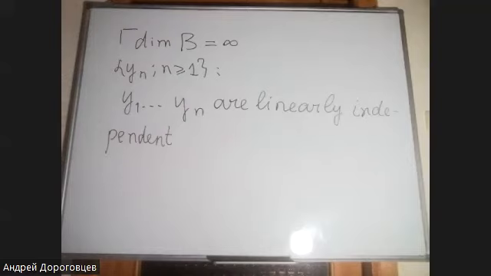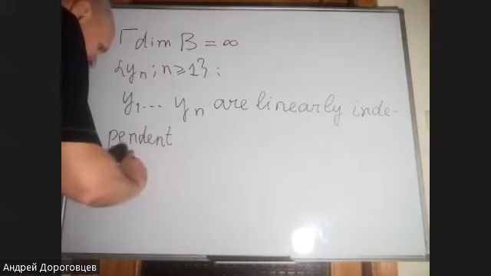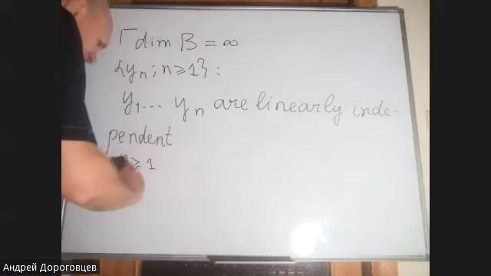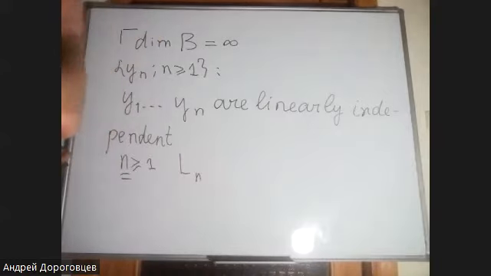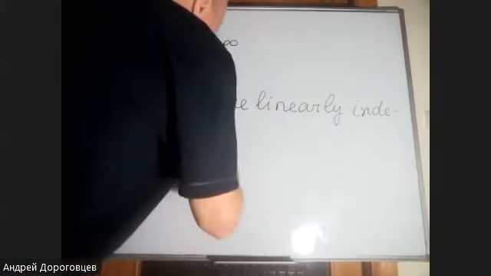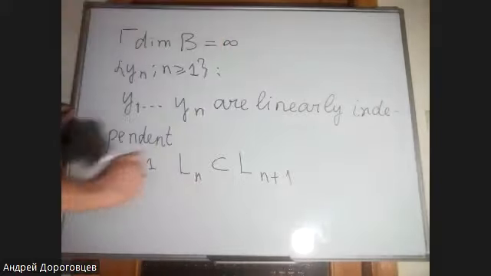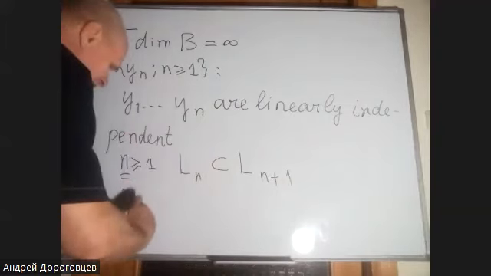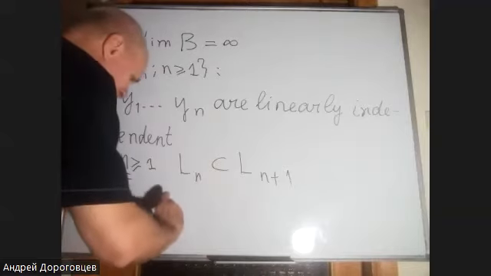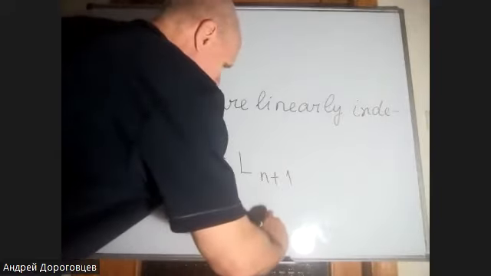Then what I'm doing further, I'm considering for every n greater than 1 and fixed, Ln, which is a closed subset of Ln plus 1. And Ln is, as before, equal to the linear span of y1, ..., yn.